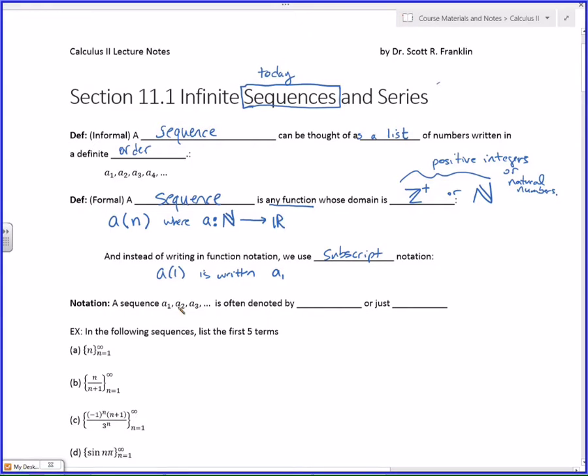And the sequence, if I want to describe a sequence all at once instead of listing out the terms, I will sometimes use this notation. You put a curly brace, a sub n, curly brace, as n goes from 1 to infinity.